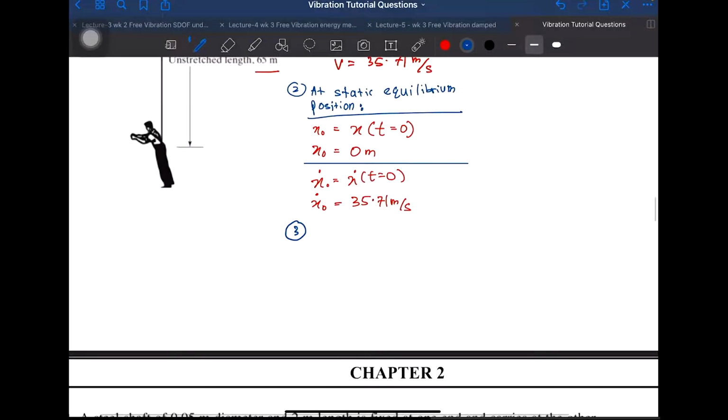So the step is to find the response. So the response will be x of t equals A sine omega n t plus phi.